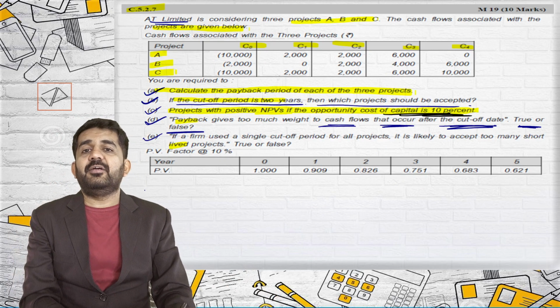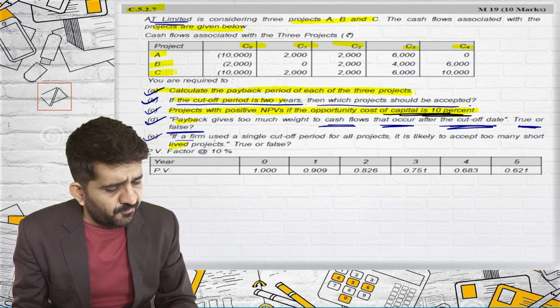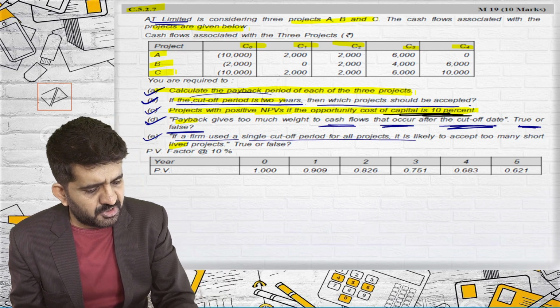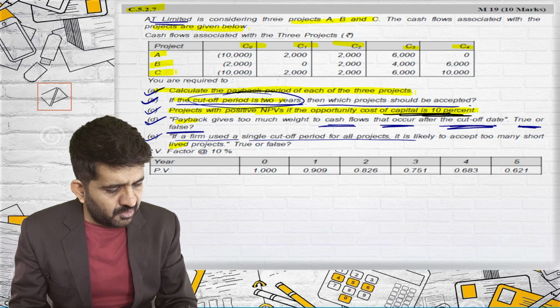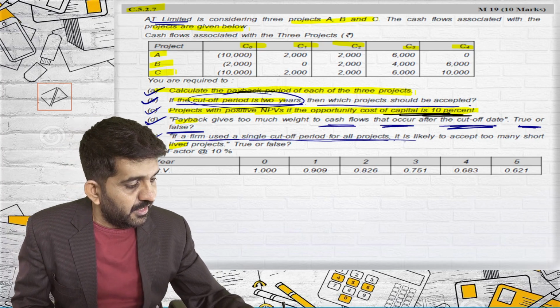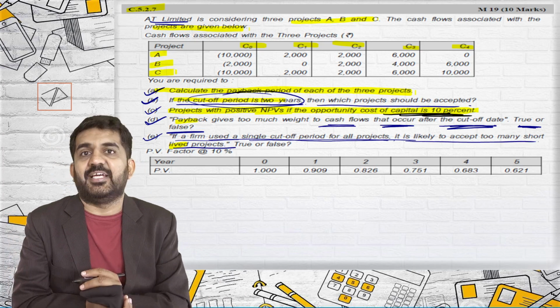And now they are trying to ask one more comment. If a firm uses a single cutoff period for all projects, see what was the cutoff period for the company? 2 years. They are saying if the firm uses a single cutoff period for all projects, it is likely to accept too many short-lived projects.